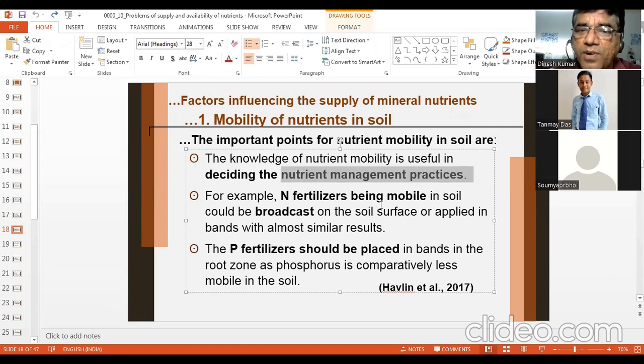For example, nitrogen fertilizer being mobile in soil could be broadcast on the soil surface or applied in bands with almost similar results. So this is good. You can go for top dressing of nitrogenous fertilizer. The P fertilizer should be placed in bands in the root zone as phosphorus is comparatively less mobile in the soil. So therefore, it should be basally applied.